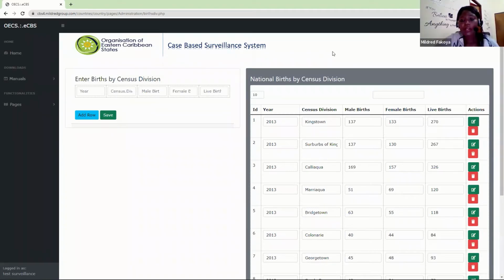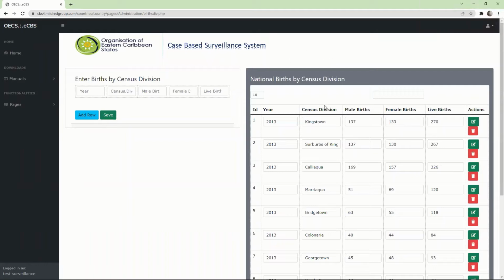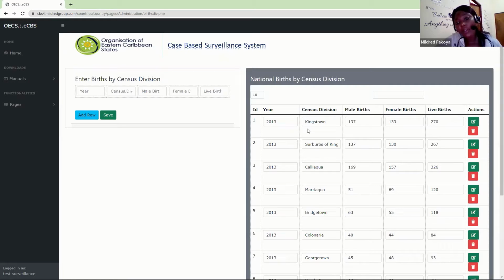Okay. So in the event where you want to do it by census division, that's why I made this optional. You might have difficulties getting the census population of a particular health district because maybe the health district covers 2 or 3 census divisions and you cannot accurately separate that population.